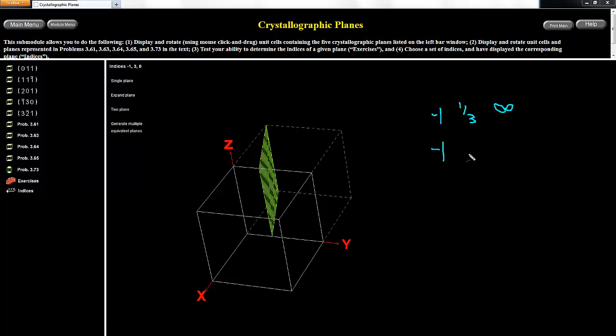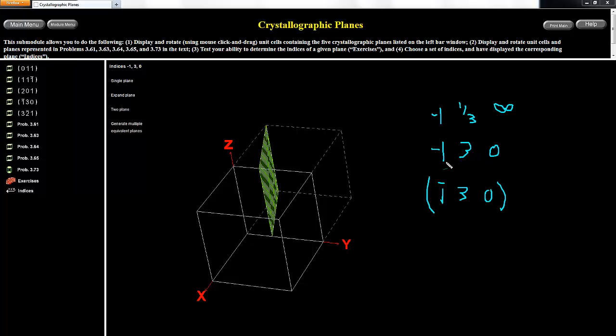I take the inverse of them. There we go. And I put it in the proper notation. And these integers up here are in the most simplified form.